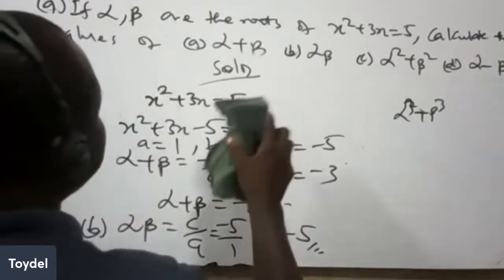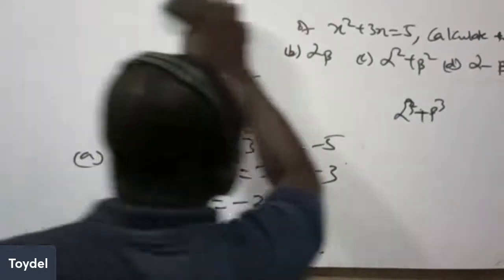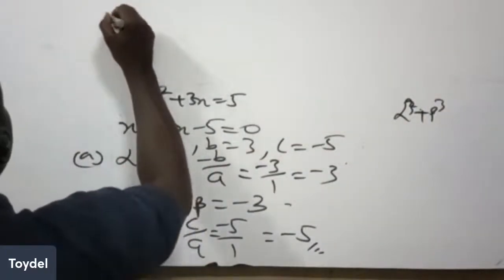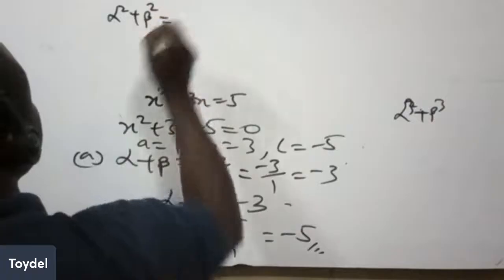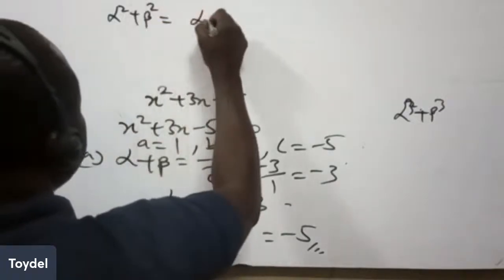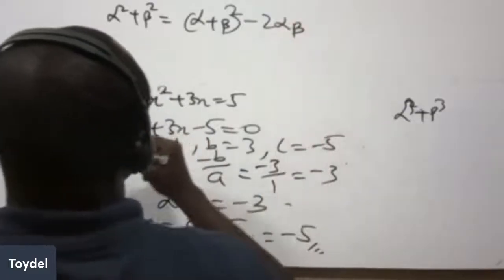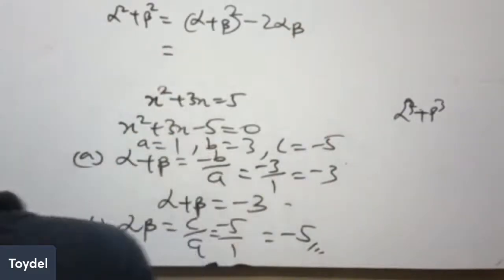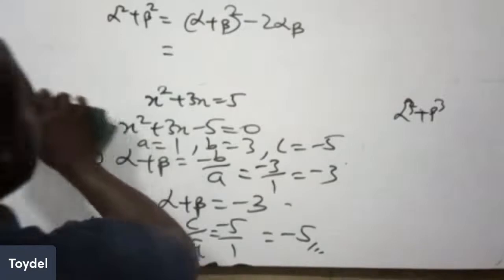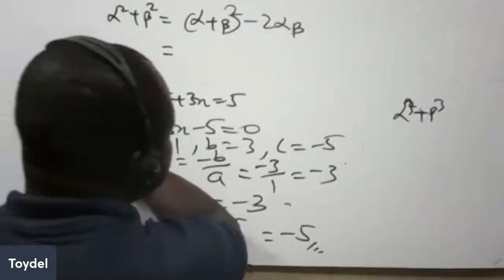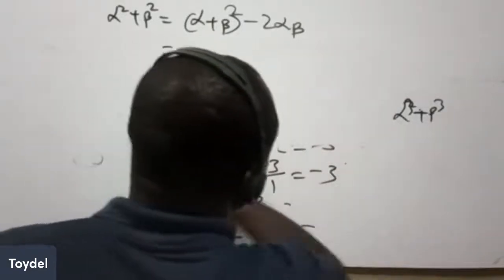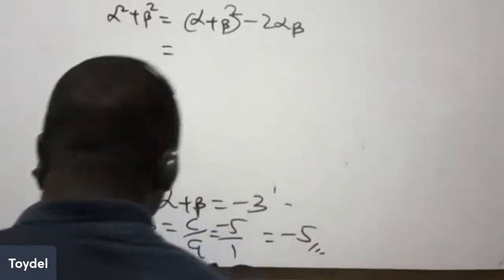So this C part of the question now, where we have alpha square plus beta square, we can rewrite this to be alpha plus beta all squared minus 2 alpha beta. Please just go through my video on theory of quadratic equation.